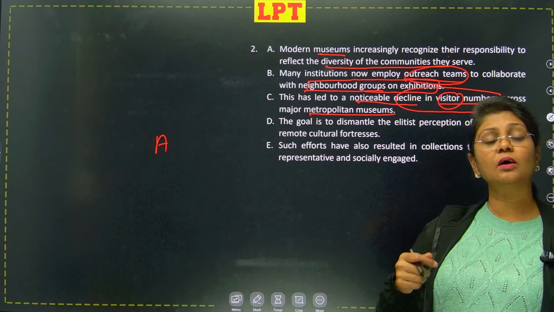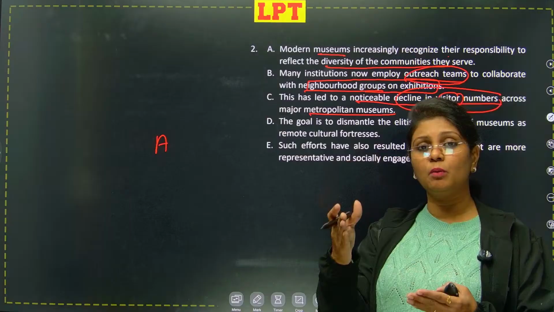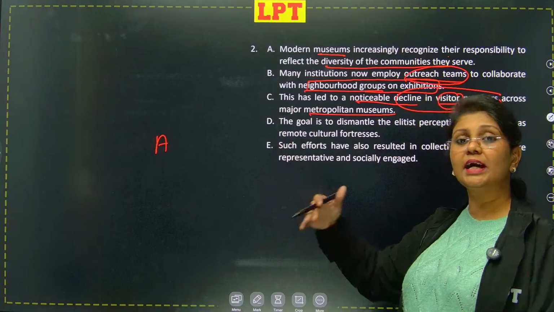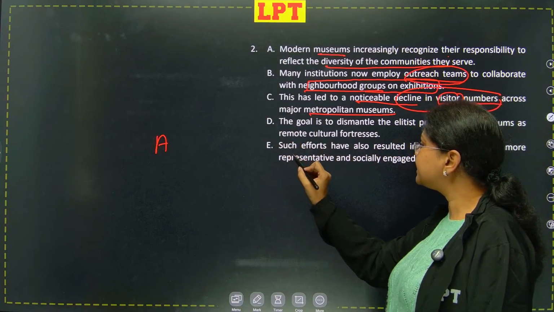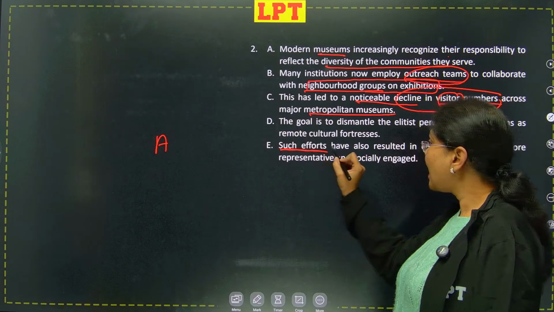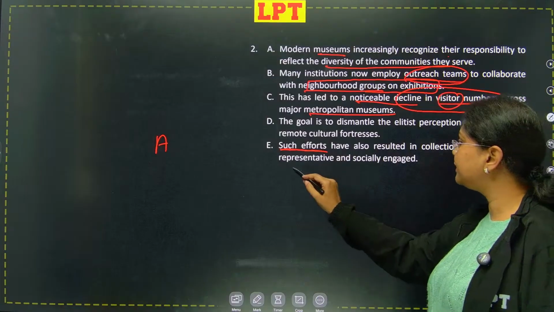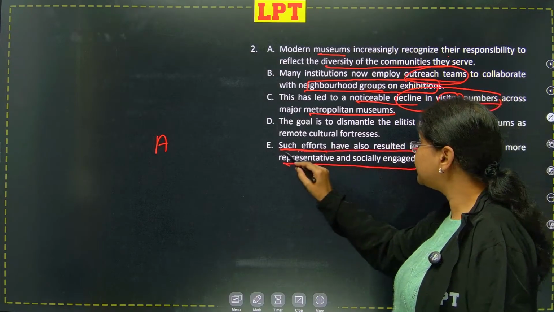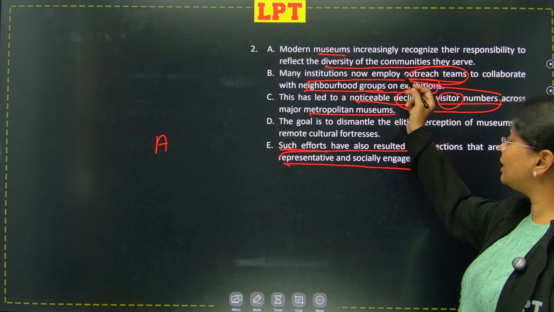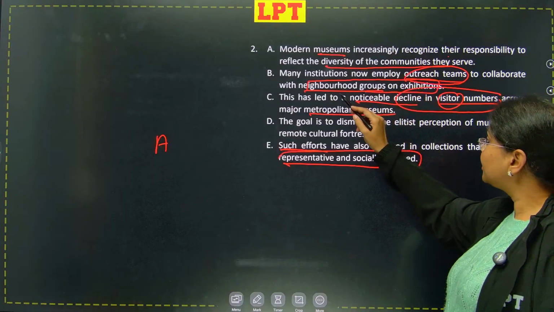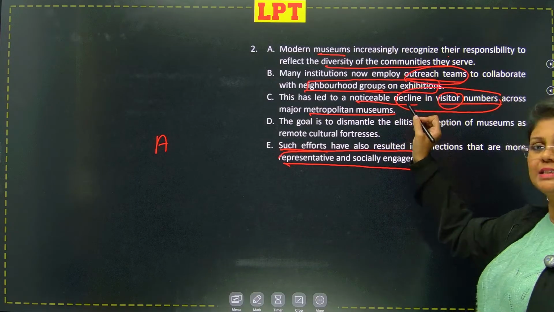So this again gels with statement number 1 and statement number 2. So D again goes to the same theme, and E says such efforts have also resulted in collections that are more representative and socially inclusive. So it talks about diversity of the communities they serve. Then it talks about neighborhood groups on exhibitions.